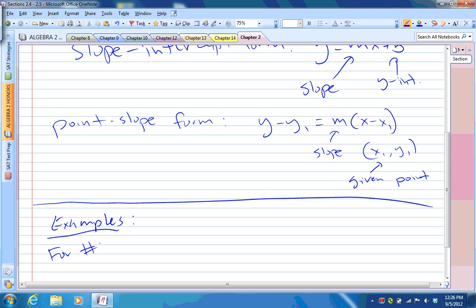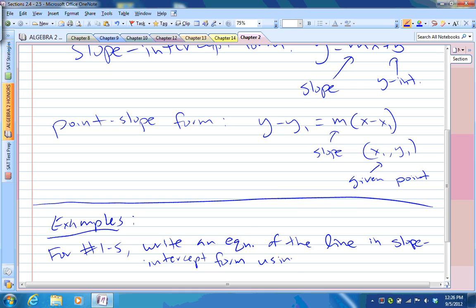For number 1 through 5, write an equation of the line in slope-intercept form using the given information.